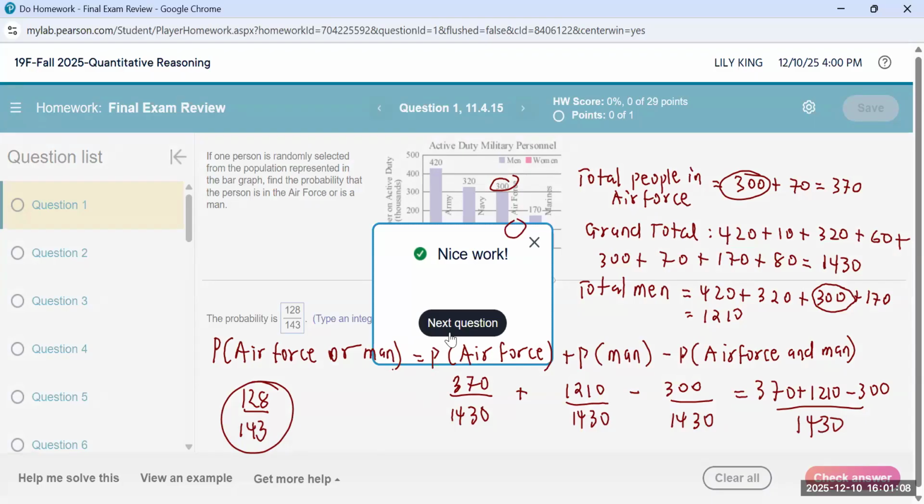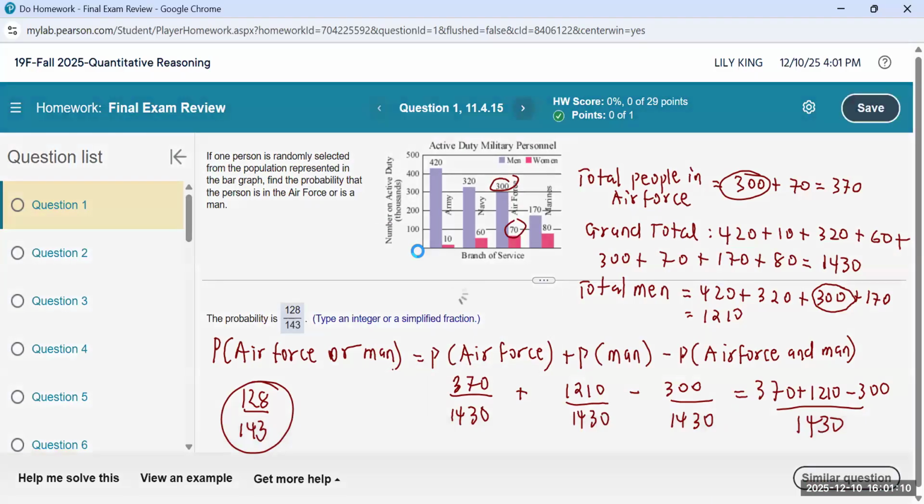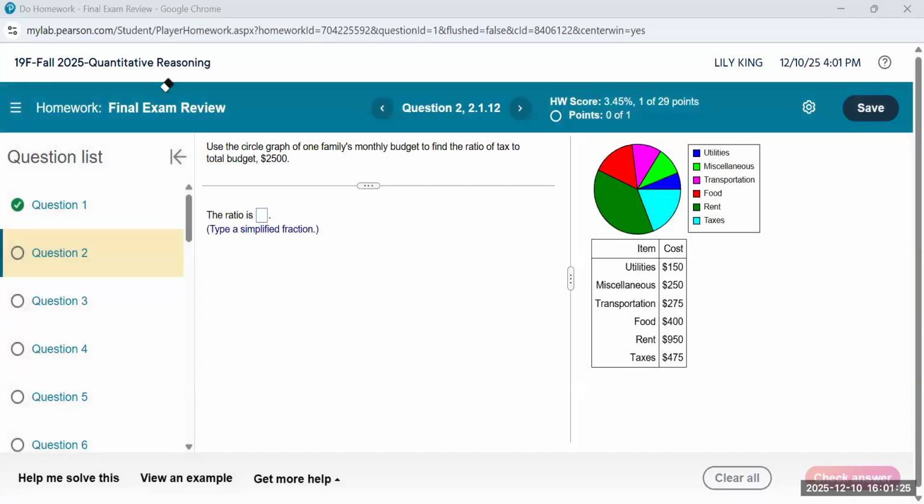All right, so moving on to the next question, which is question number 2. So question number 2, we have ratio. This is a ratio problem.